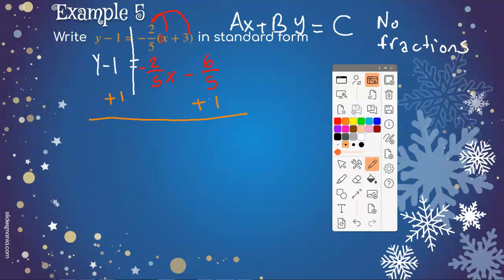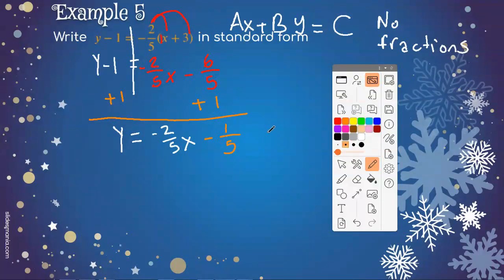I'm going to bring that over. And now I'm going to have y equals negative 2/5 x. And again, you're going to do negative 6 divided by 5 plus 1. When you put that in your calculator and use the fraction button, you get negative 1/5.